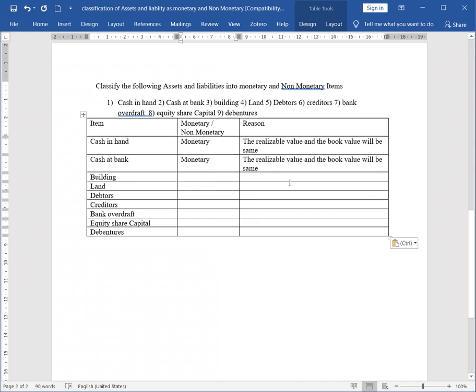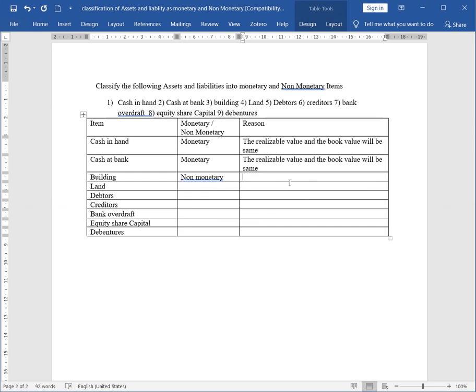Building, but the building is not the same. The realizable value of the building may vary because it depends upon the market value. It will have some changes in the building value. So it is not monetary. That is a non-monetary item. Why? What is the reason?